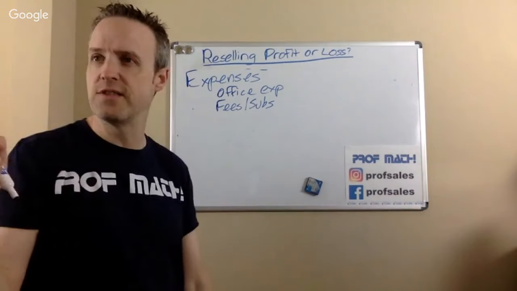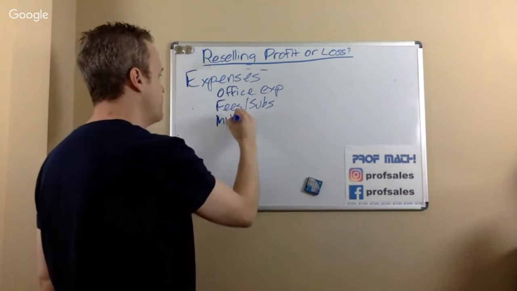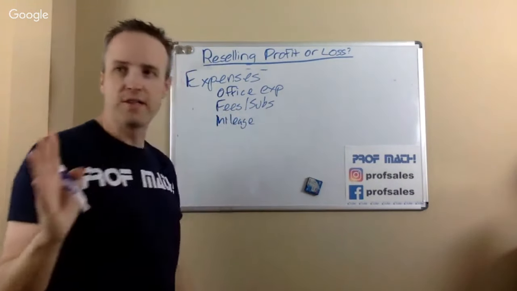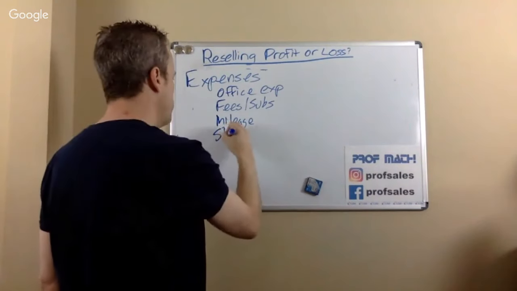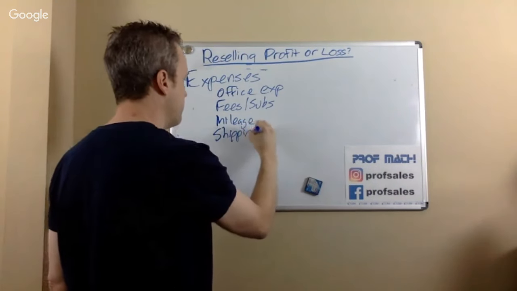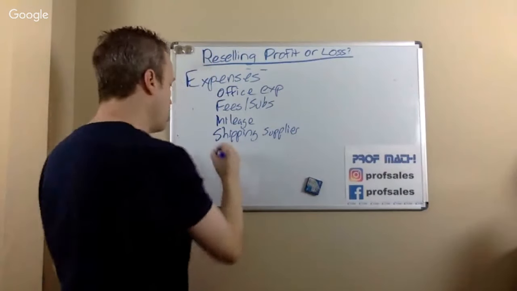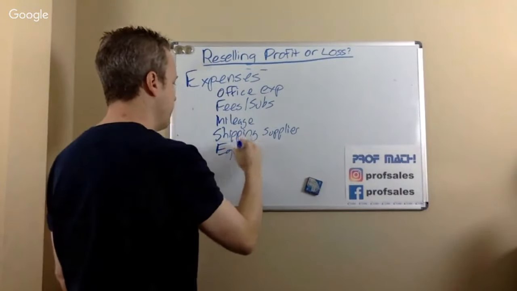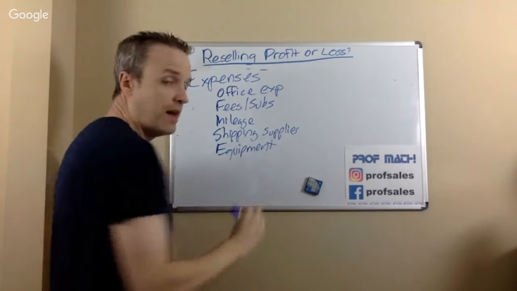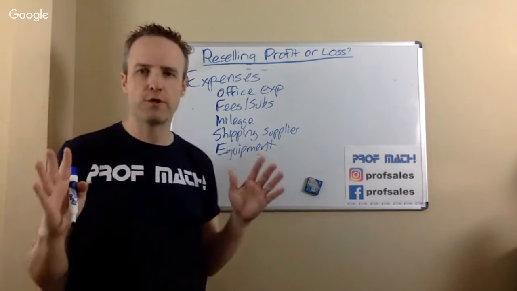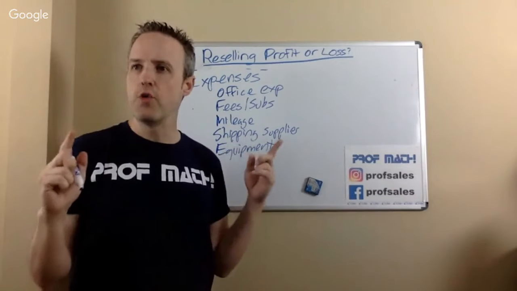That's a business expense. You have your mileage expense. I'm not going to go into all the ways to track all these. You got your shipping supplies. You've got your equipment and probably a lot of other things. And these are all things that you use for your business, okay? So you've got all these things.